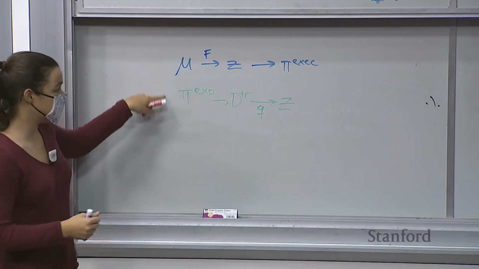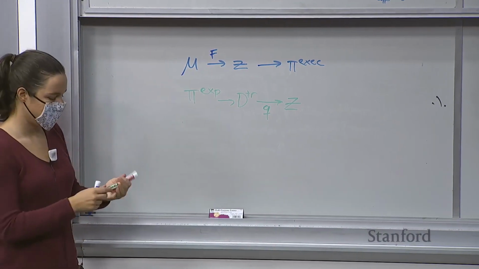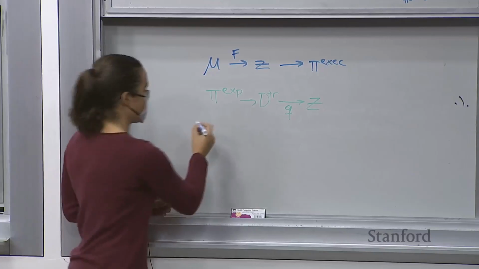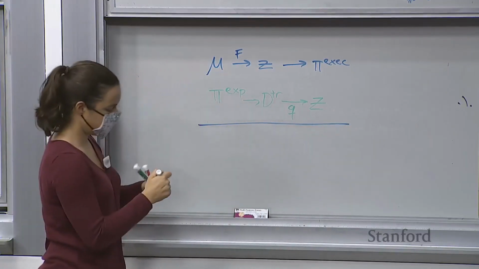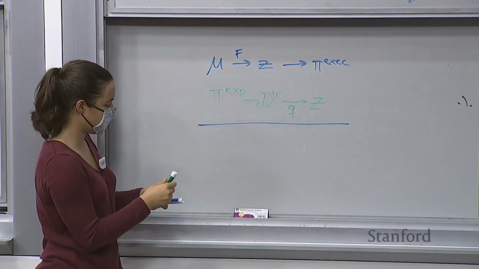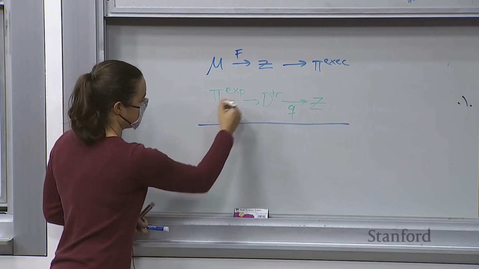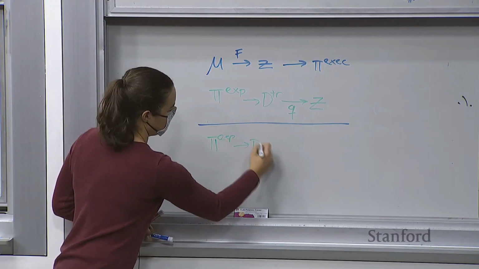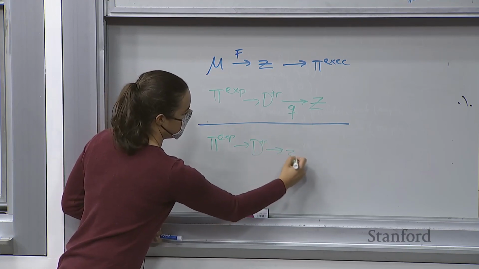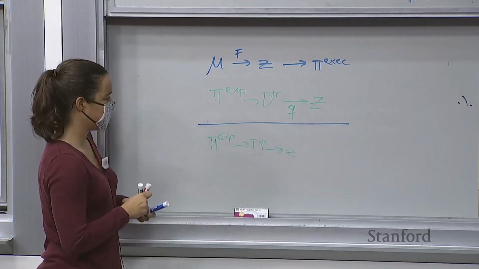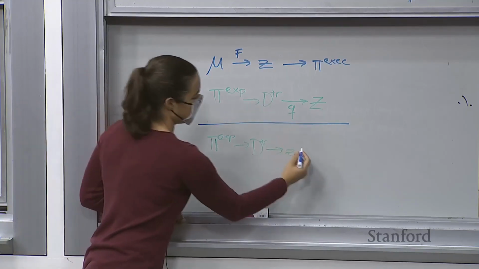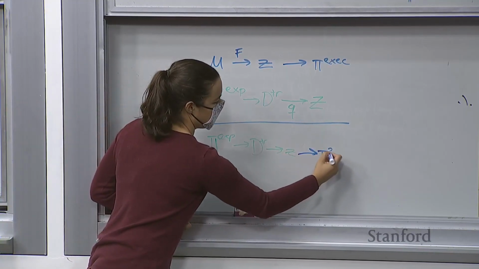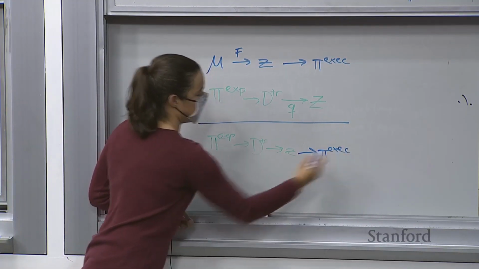If we can learn these 4 things, then at meta test time we'll take our exploration policy, which will give us data. We'll predict Z from that data, and then plug this into our execution policy.